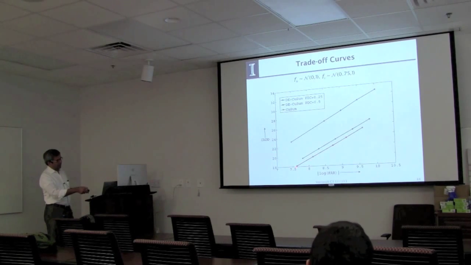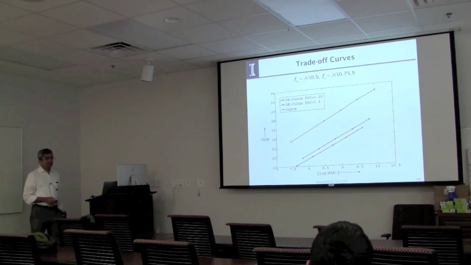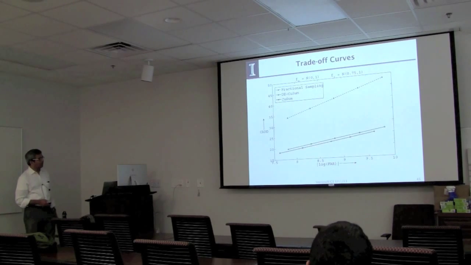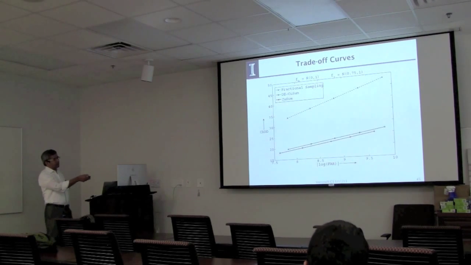Well, this is for 50% of the observations, 25% of the observations. You take a hit in the delay, but you save a lot in terms of observations prior to the change. Again, compared to fractional sampling, you get huge gains.